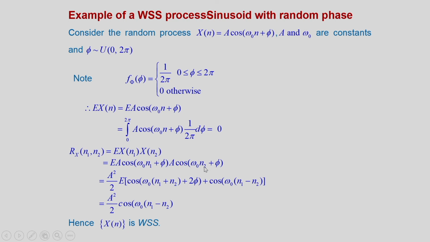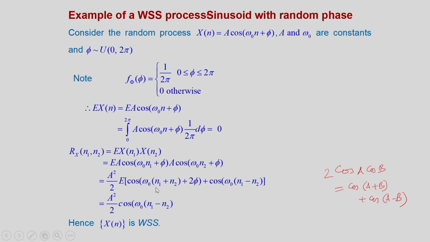We can use the relationship, twice cos A cos B is equal to cos of A plus B plus cos of A minus B. If we use this identity, then this is equal to A square by 2 into the expectation of cos(omega naught (n1 plus n2) plus 2 phi), where the arguments are added, plus cos(omega naught (n1 minus n2)), where they are subtracted.